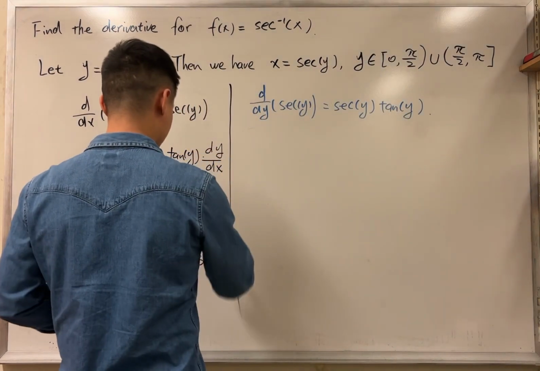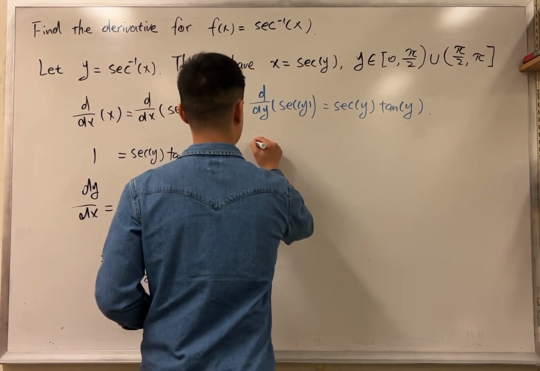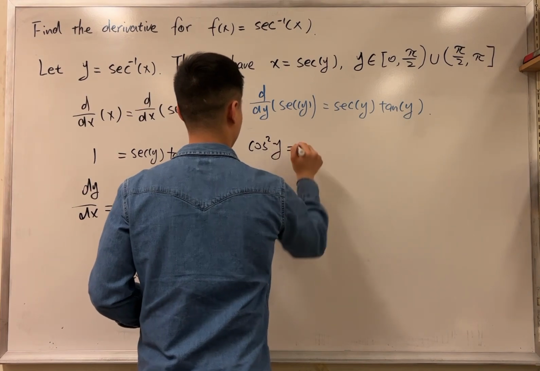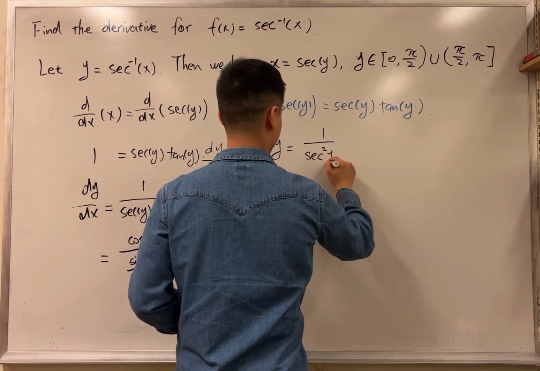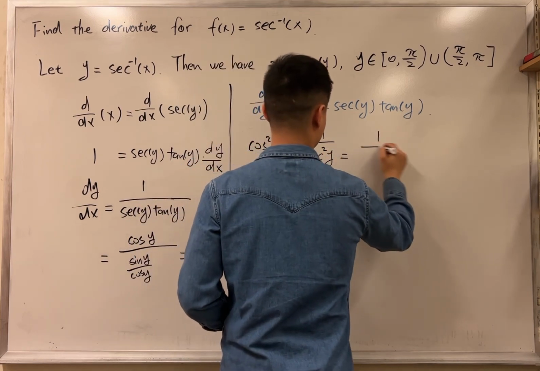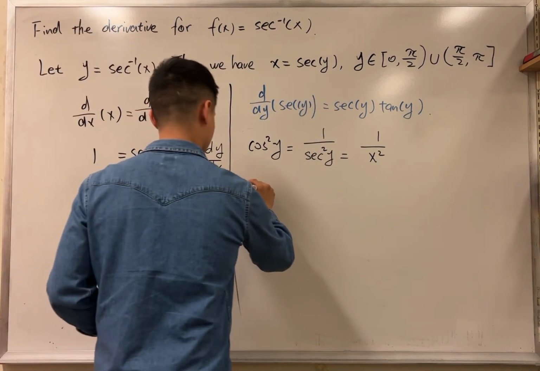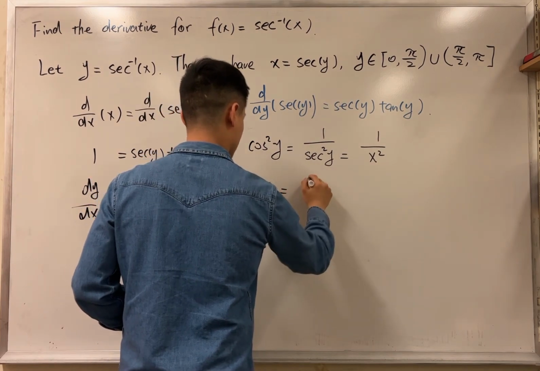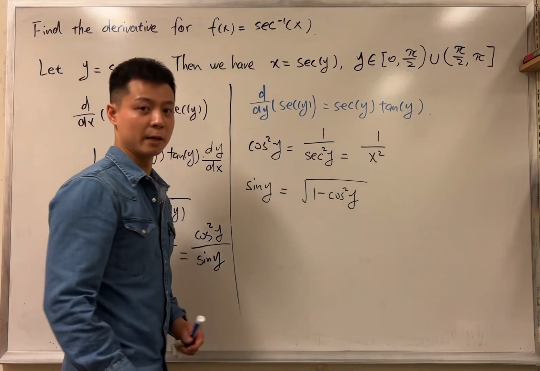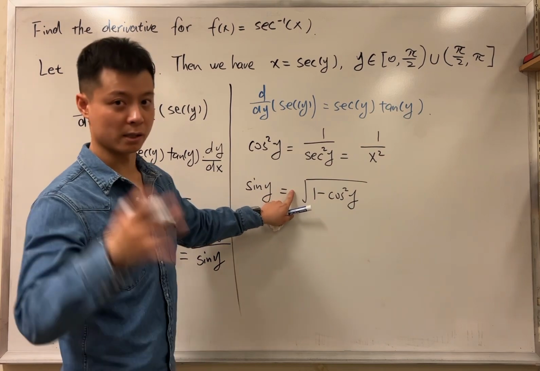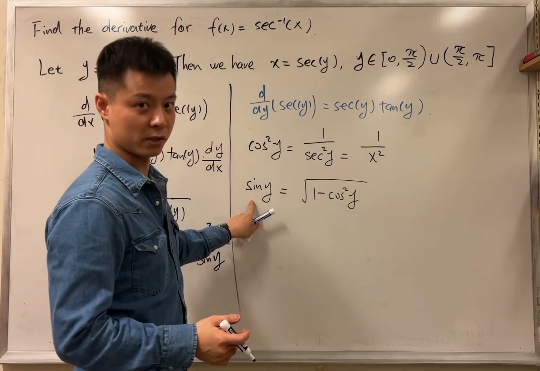Okay, so let's now express this, and then we replace them with x. We will have cos squared of y equals just 1 over secant squared by definition, which is 1 over x squared. And then sine of y is going to be the square root of 1 minus cos squared. But this time, we don't need a plus or minus sign because we already know that in this range, sine is going to be positive.